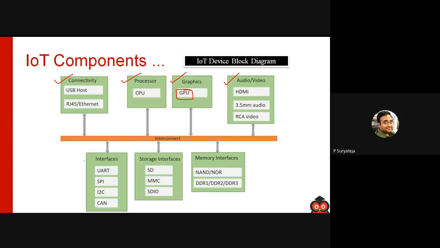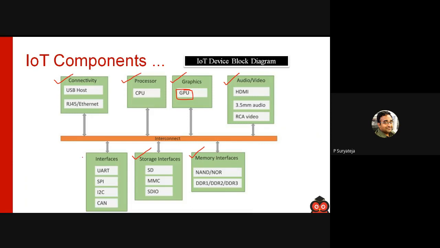An IoT device will contain memory interfaces, right? It will have some form of internal memory to store data. Like a computer has RAM, similarly, IoT devices will also have some form of internal memory. And it can also support external memory, like we have USB devices, such kind of things can also be supported by IoT devices.